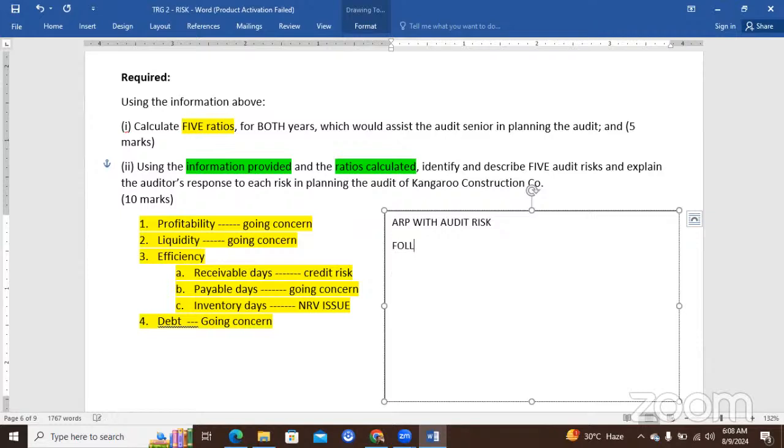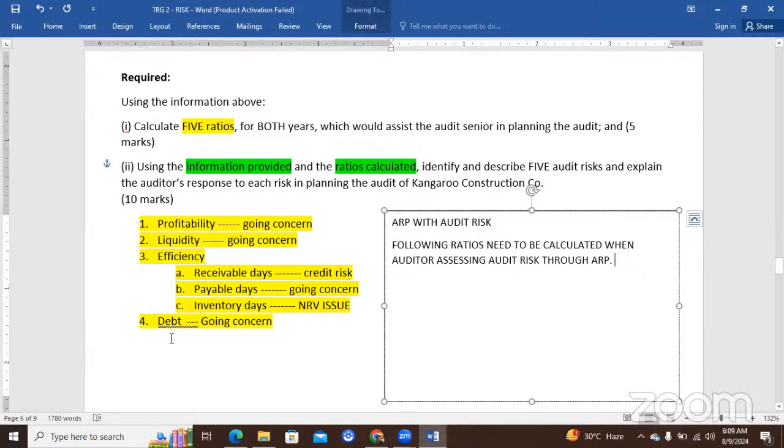Under that, write it down: following ratios need to be calculated when auditor is assessing audit risk through ARP.